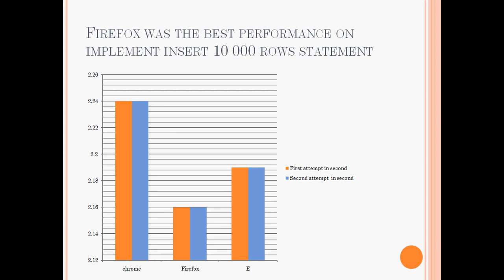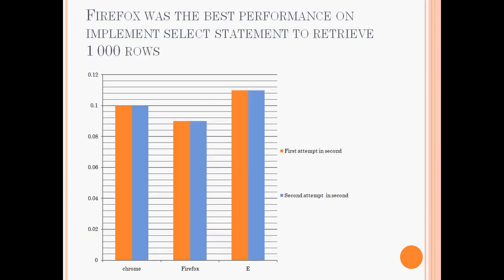Firefox also had the best performance on the insert 10,000 rows statement, and we see in the chart Firefox, for the first and second attempts, took 2.16 seconds, and this is the lowest time. Firefox had the best performance on the select statement to retrieve 1000 rows, and the chart showed that Firefox took the lowest time to implement the select statement.